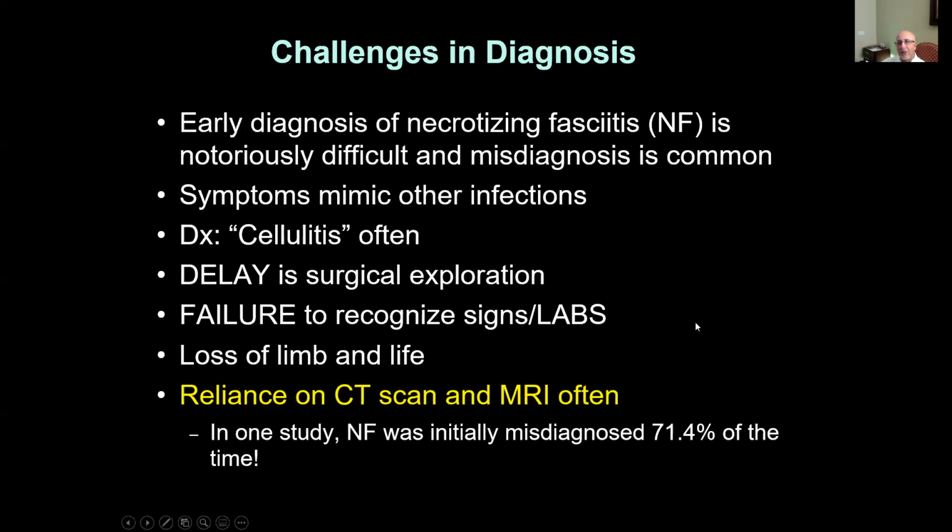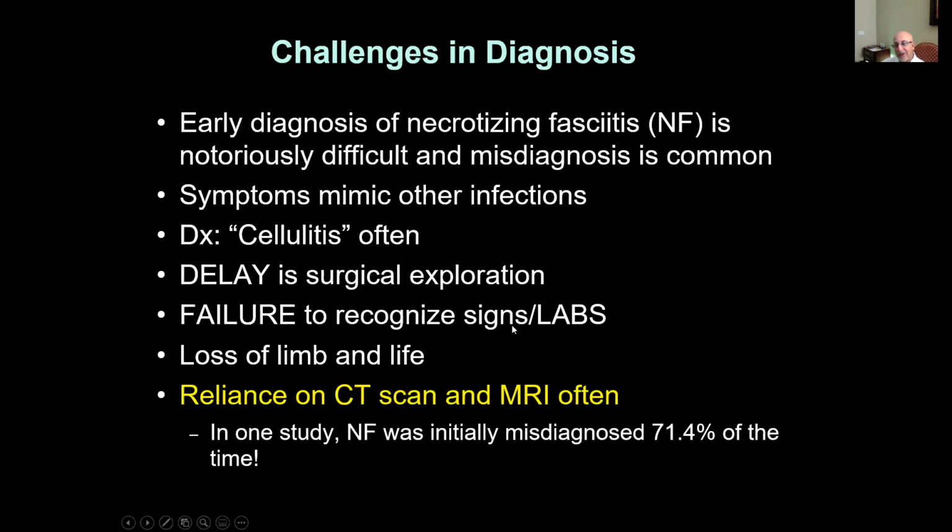So the challenge that we have in the diagnosis of necrotizing skin infection is that the symptoms often mimic other infections. The diagnosis is often considered to be cellulitis or muscle sprain, and therefore there is delay in managing these patients or admitting them to the ICU, and there is a delay in surgical consultation and exploration.